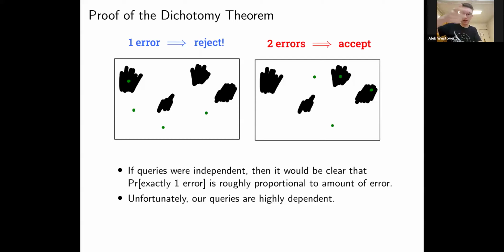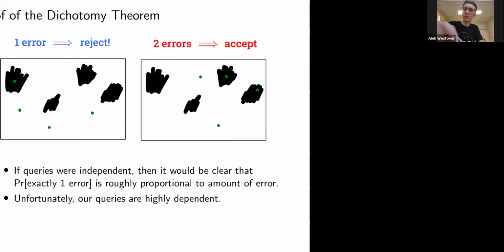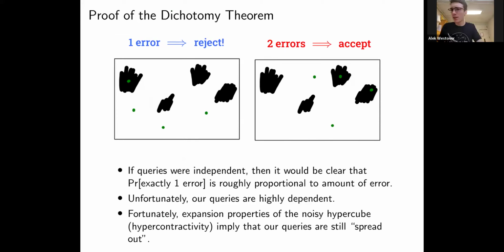The amount that these interpolated points agree with A and B is much higher than what a random point would agree with them on. That might seem pretty unfortunate, but fortunately, a lot of work has been done on understanding this graph called the noisy hypercube, and using hypercontractivity, we can still say that our query points are reasonably well spread out.